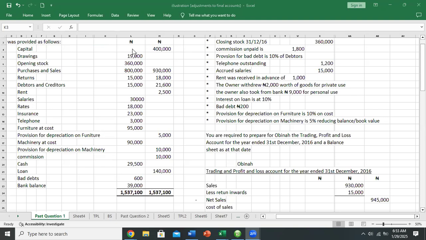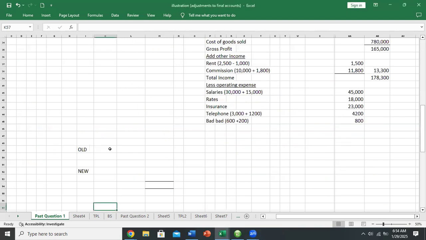So you go through your trial balance and check for any provision for bad debt, or sometimes provision for doubtful debt. If we check this question, we don't have provision for doubtful debt. What we have is provision for depreciation, which is a different thing. So it means that the old one is 0. So the old is 0.